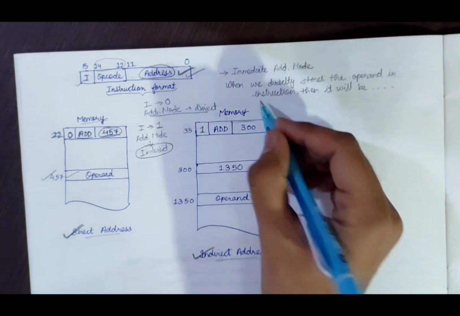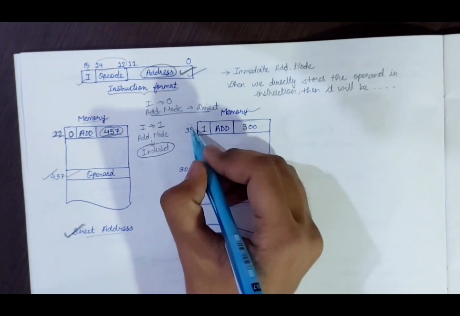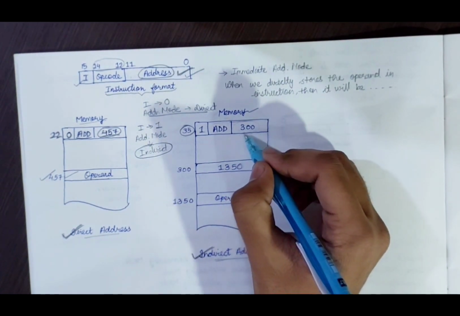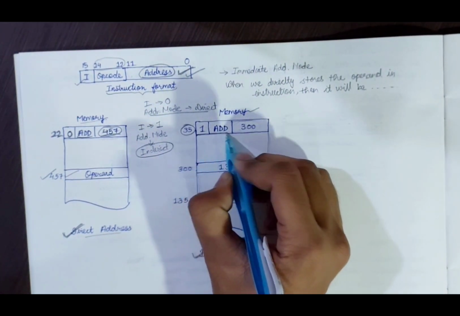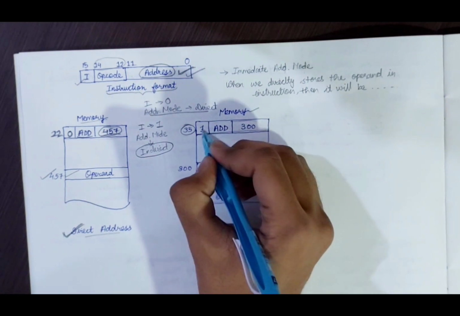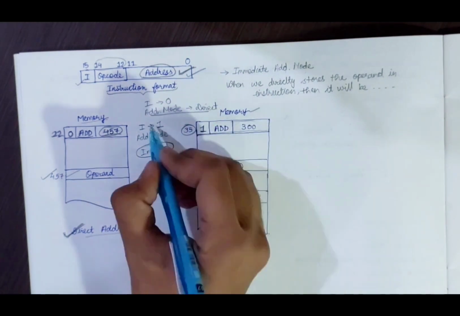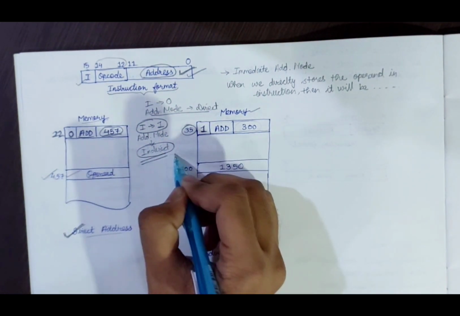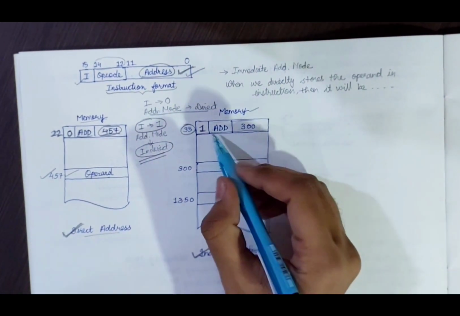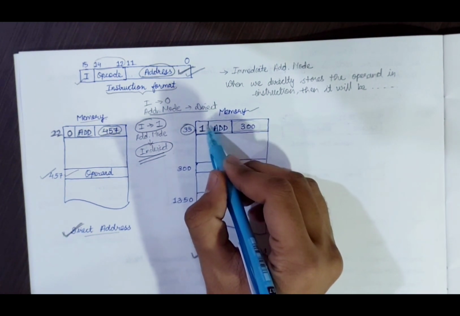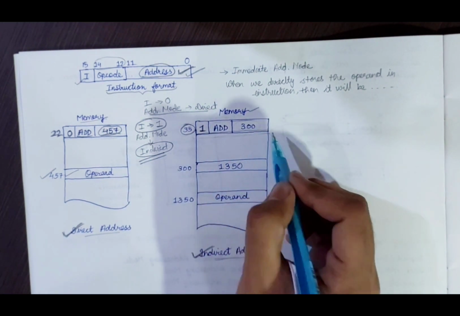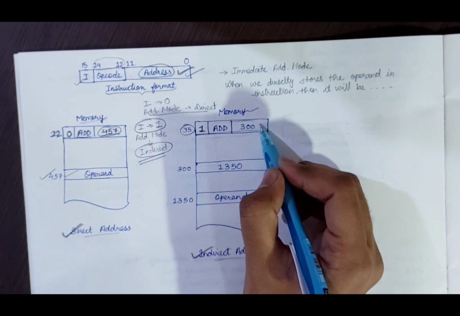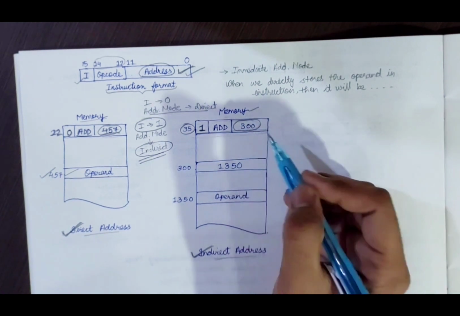For example, in the program memory at address 35 there is an instruction stored in which the ith bit is 1, and the ith bit being 1 represents that it is an indirect addressing mode. When the computer decodes this instruction and sees that the ith bit is 1, it comes to know that the address in the address field is not the effective address.